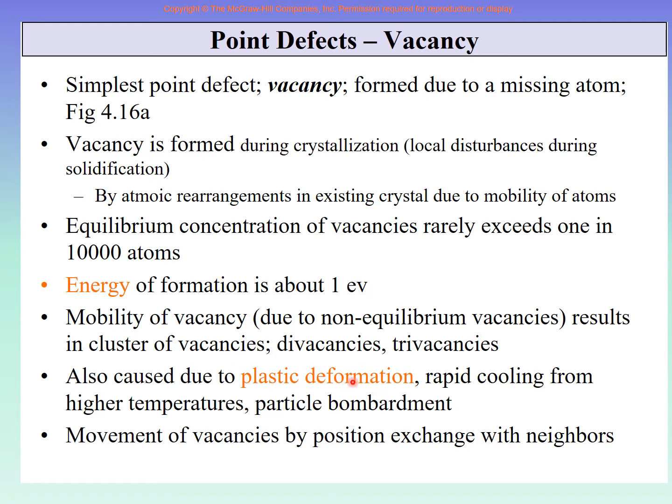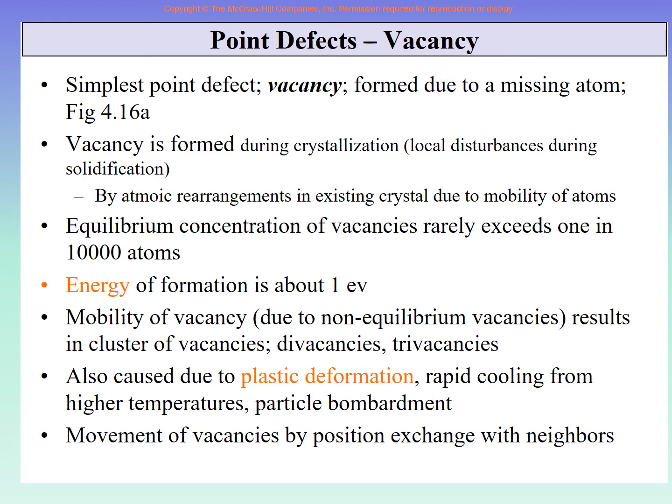Or some plastic deformation is there, or rapid cooling is there, or we bombard the material with outside particles, like X-rays. By any method, the kinetic energy is increased beyond 1 electron volt, so some atoms leave their position and leave vacancies behind, or there are gaps or air bubbles from plastic deformation or rapid cooling. By all of this, we get a vacancy.